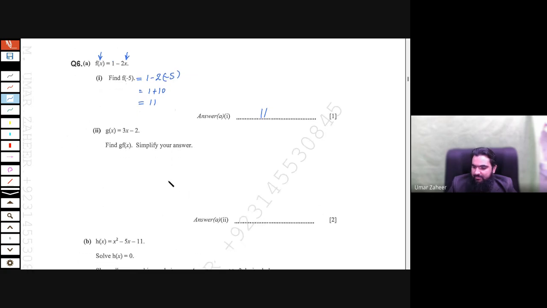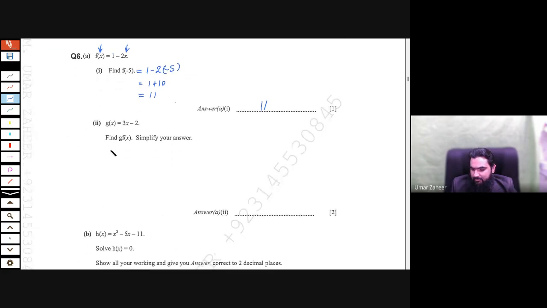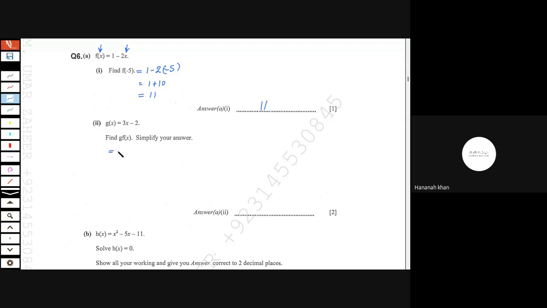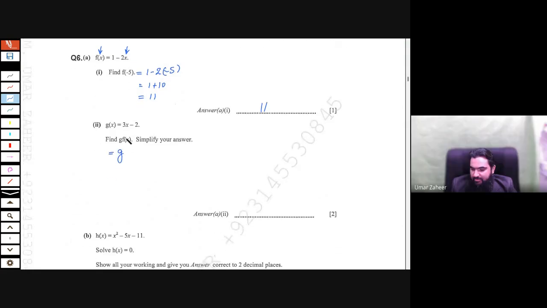Yes, Hanana. Sir, I still don't get how to do these questions. Look at here. We have to find g of f of x.